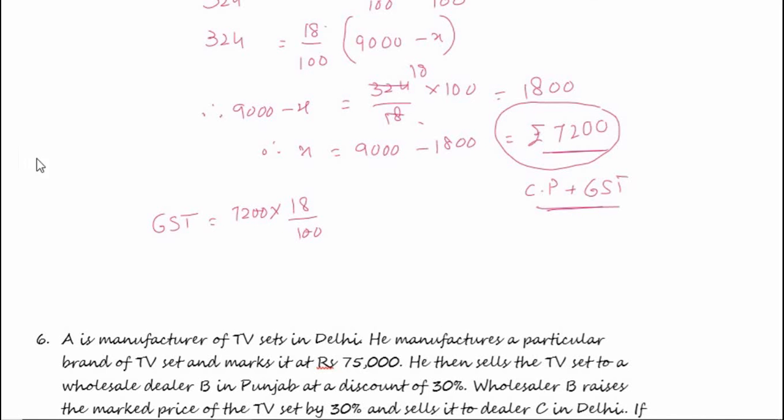So let us calculate now. 72 into 18 comes to 1,296. So the GST paid by B is rupees 1,296.